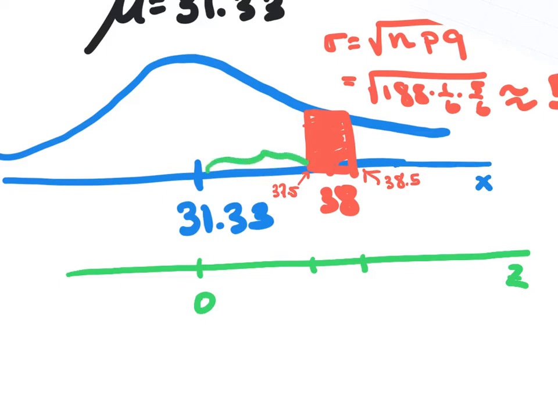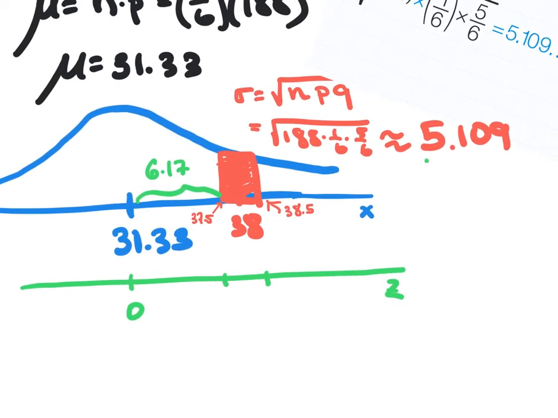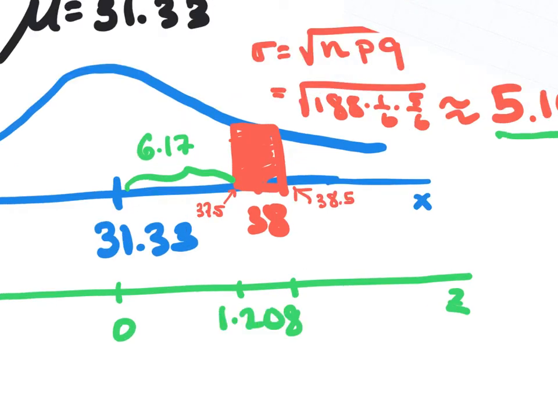So this is 37.5 minus 31.33. I'm trying to find the distance between them. That would be 6.17, that's the distance. Now I have to convert that distance into how many standard deviations. Being that each standard deviation is worth 5.109, I'll compute that. So when I divide 6.17 by 5.109, I get 1.208.